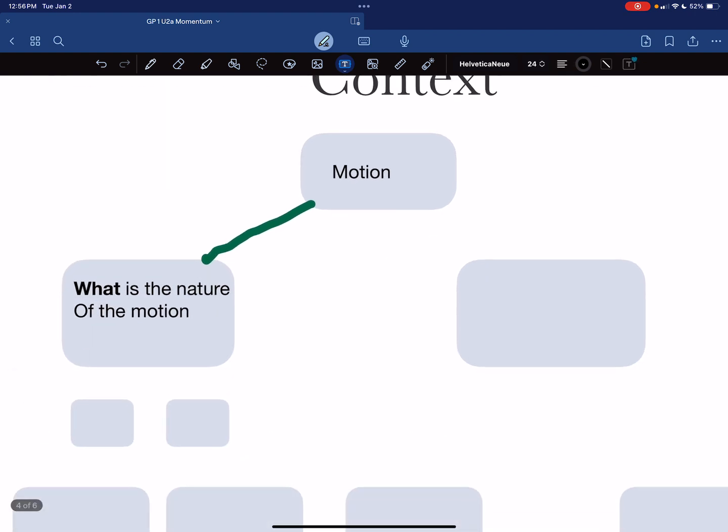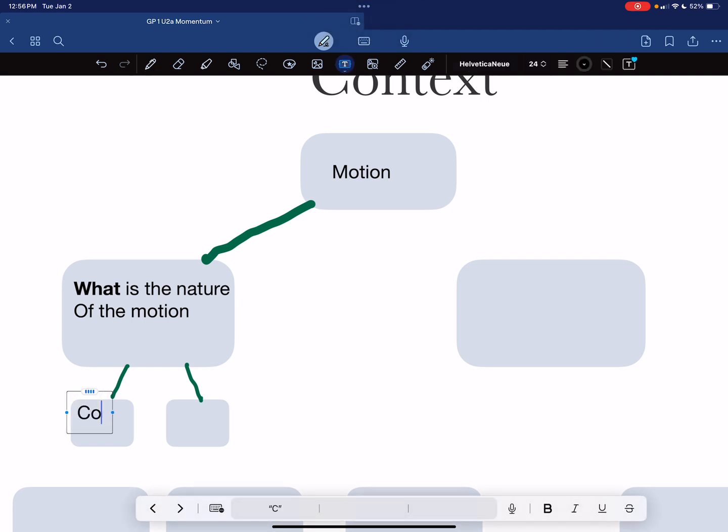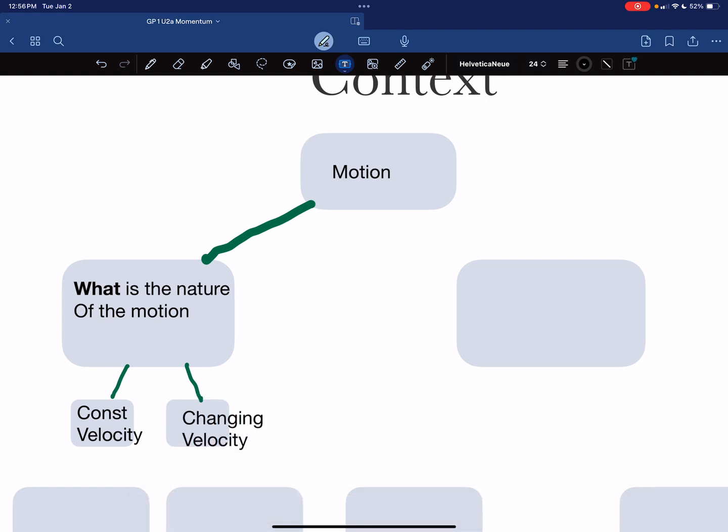And when it comes to what is the nature of the motion, we have found out that there are really two answers to that question. There's two types of motion that we're concerned about. The first one of those is constant velocity, and the other is changing velocity. So motion, we can ask, what is the nature of the motion? And the answer is either constant velocity or changing velocity.